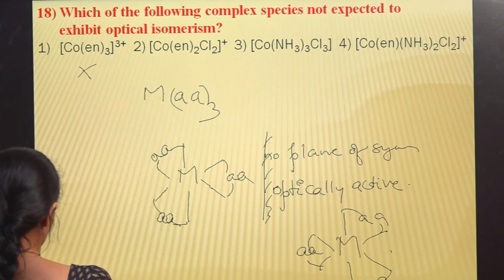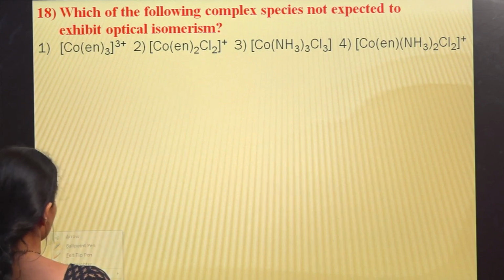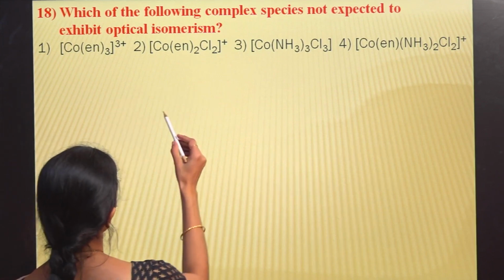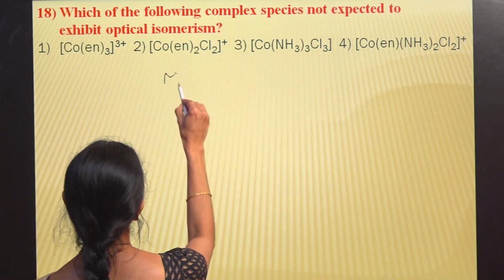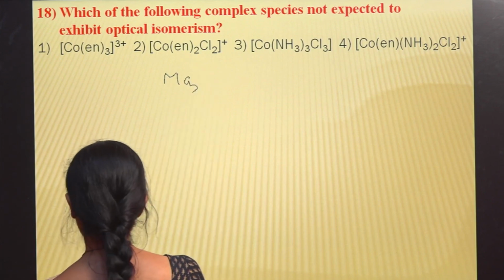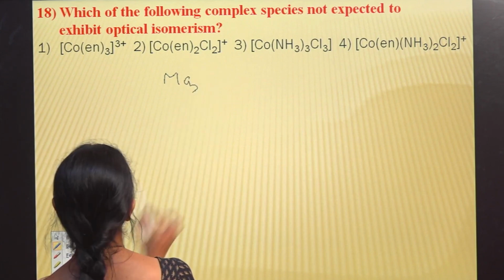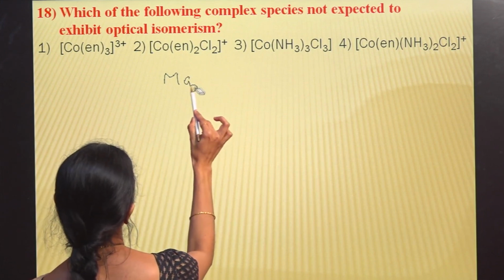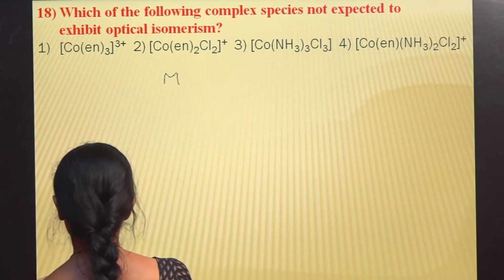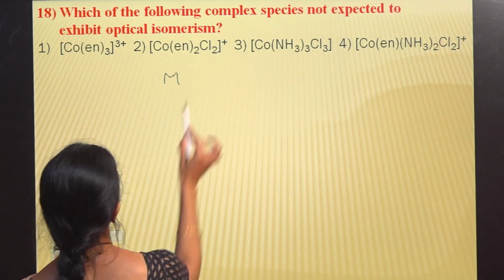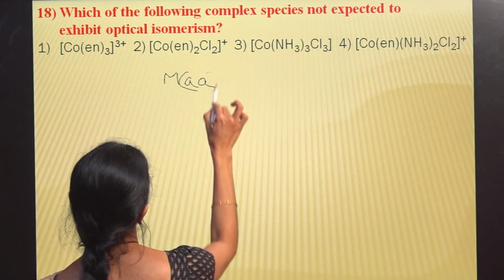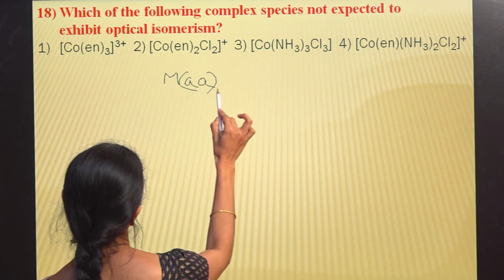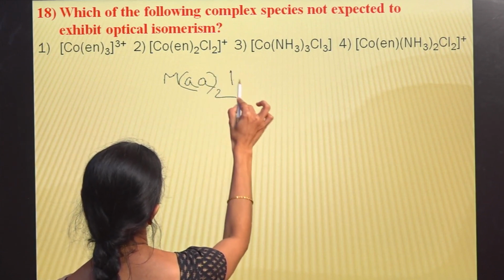Coming to the next option. This is of the form MAA2, is it not? Again we have a bidentate ligand, so MAA2, and this is B2.